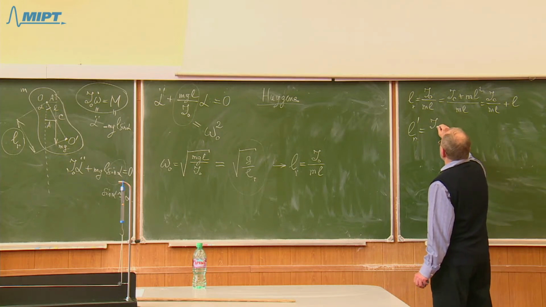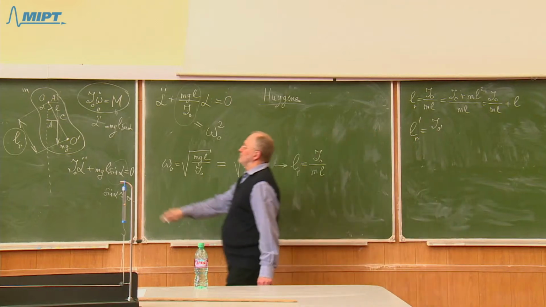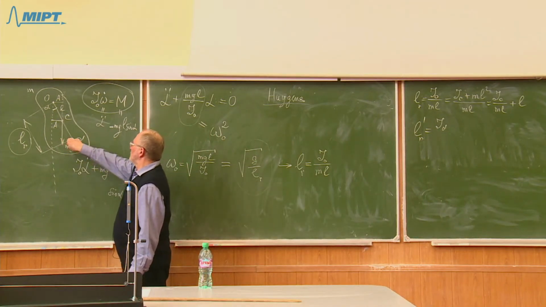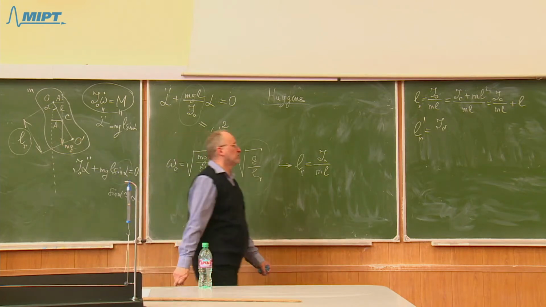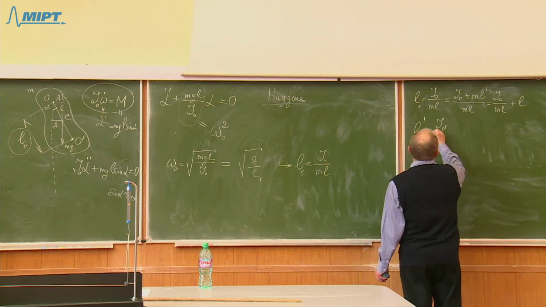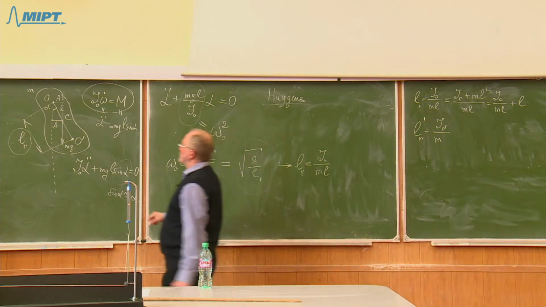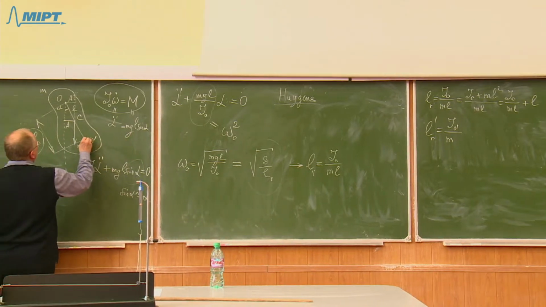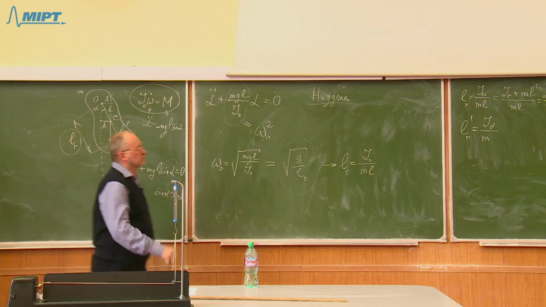It will be the moment of inertia about axis O prime, if this body is suspended by point O prime, divided by m, and here must be the distance from O prime to the center of mass. Let it be L prime.